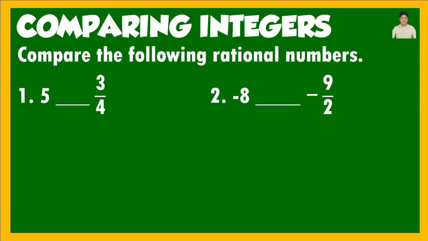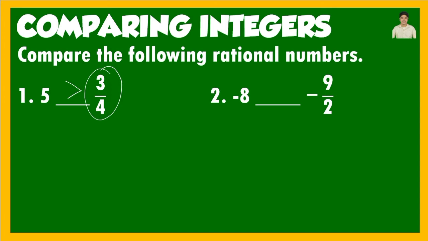So, let's have the following. 5 blank 3/4. So, yung 3/4, hindi pa siya whole number. Okay? Mapapansin natin, 3/4, malapit po siya sa whole. Eh, yung 5, whole number na siya. Therefore, 5 is greater than 3/4.